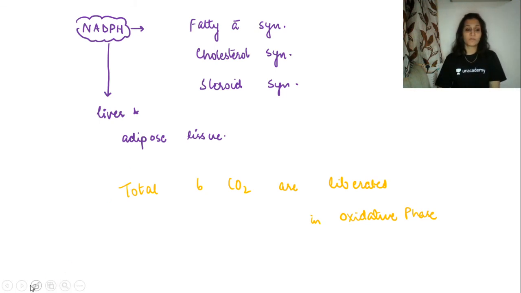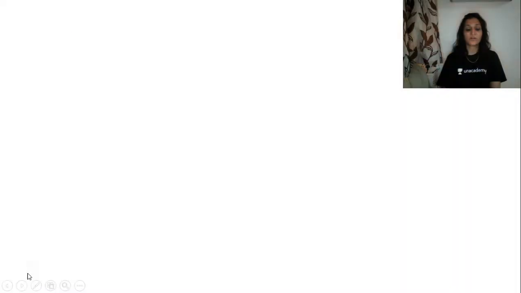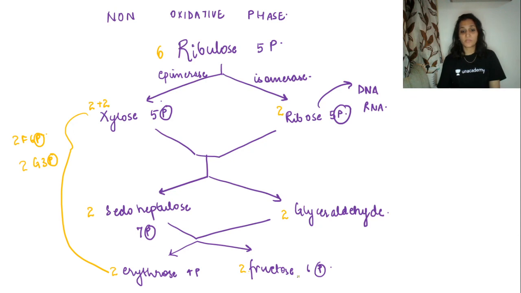Now talking about the fructose 6-phosphate. There's generation of 5 molecules of fructose 6-phosphate, which regenerate 5 molecules of glucose 6-phosphate. I'll just show you over here. See, 2 fructose 6-phosphate over here and 2 fructose phosphate over here, and one more fructose phosphate is formed. So the total fructose 6-phosphate that forms is going to give rise to molecules of glucose 6-phosphate.